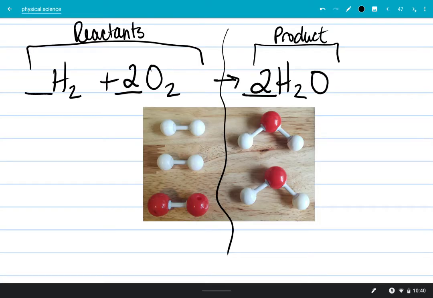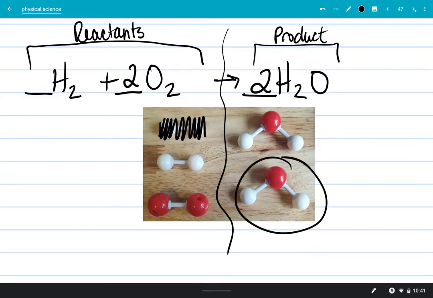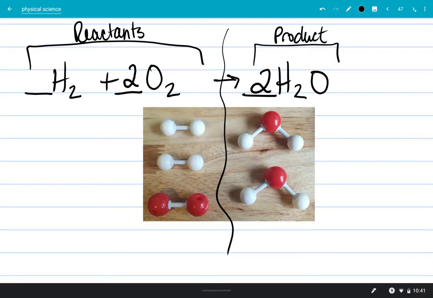We have to do it because you cannot create or destroy matter. You can only get it to change form. So we couldn't randomly create two waters here without having those two extra atoms of hydrogen. Oopsies, that goes there. We only have one set of oxygen, and we've got two sets of hydrogen.